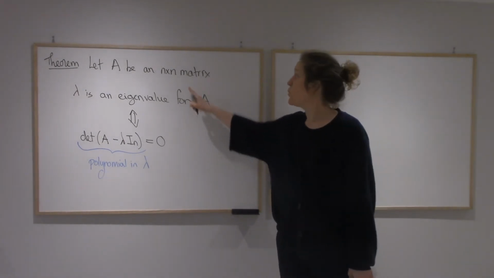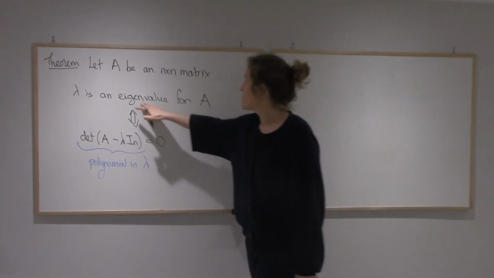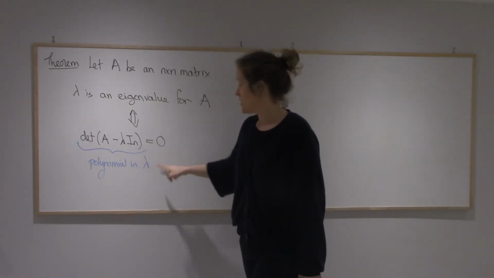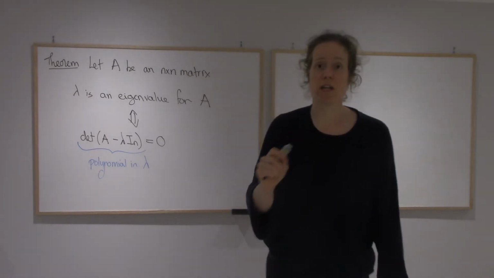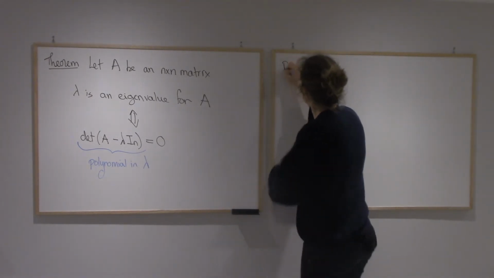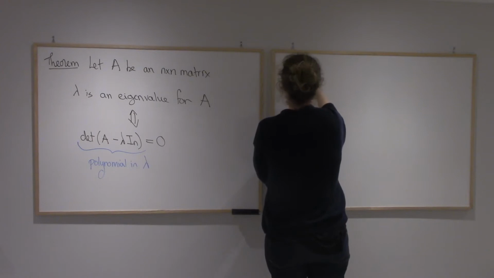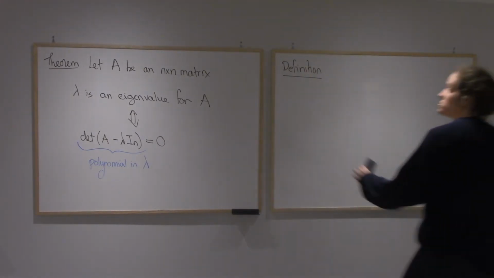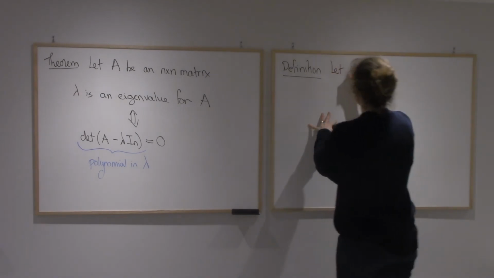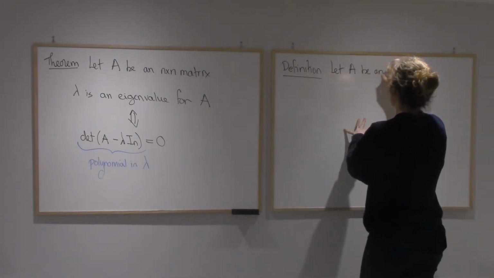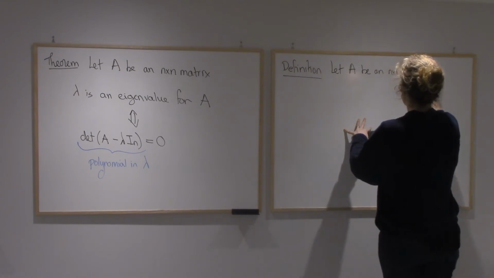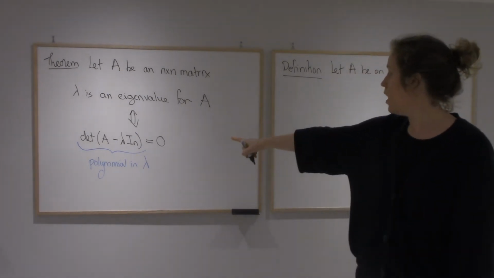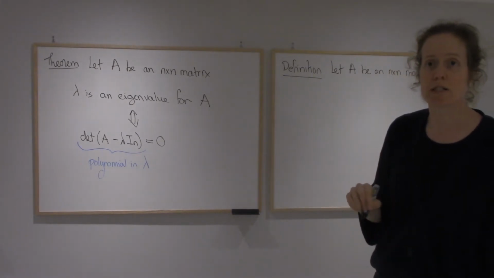In the last video, we proved this theorem. We proved that lambda was an eigenvalue for A if this determinant was 0. This is a polynomial in lambda. Let's give it a name. So again, we'll call this polynomial the characteristic polynomial.